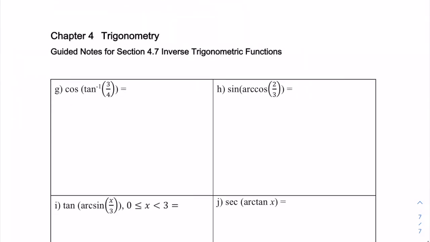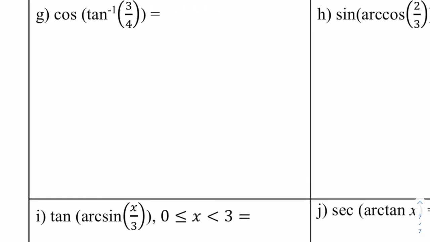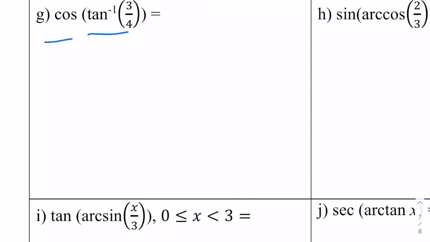Okay, let's go to some more practice problems. For each of these, I'm actually going to draw them out because it might be easier to think about them as triangles. We're solving for the angle here, and then we're going to find the ratio of the sides next. So we're finding the inverse tangent. What's that angle when the opposite side is 3, the adjacent side is 4?